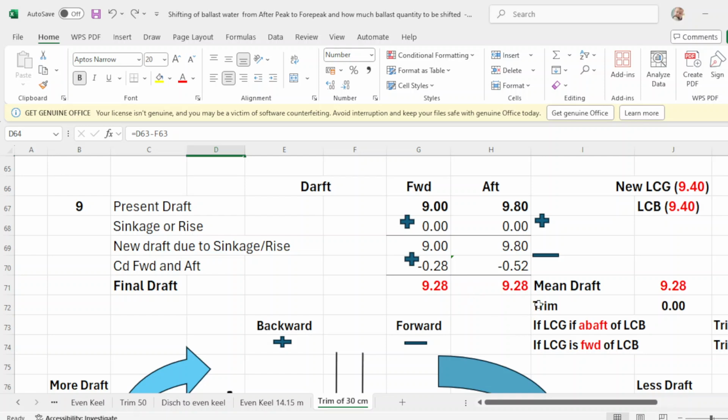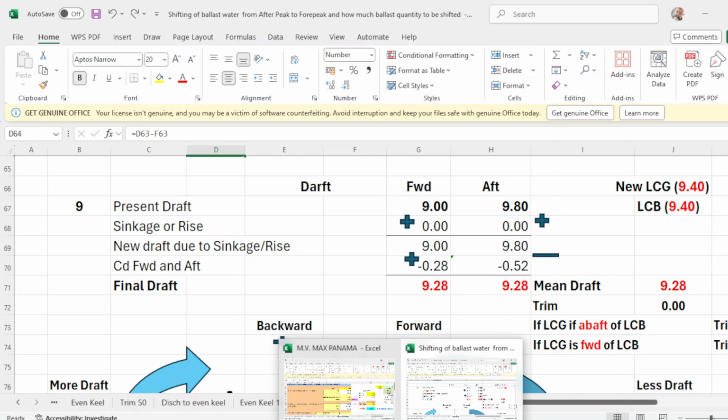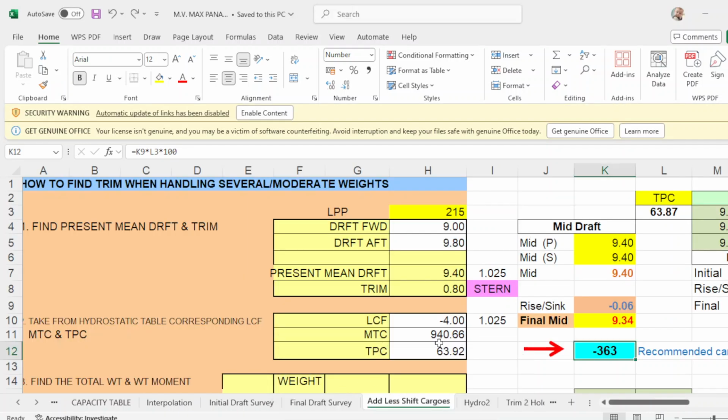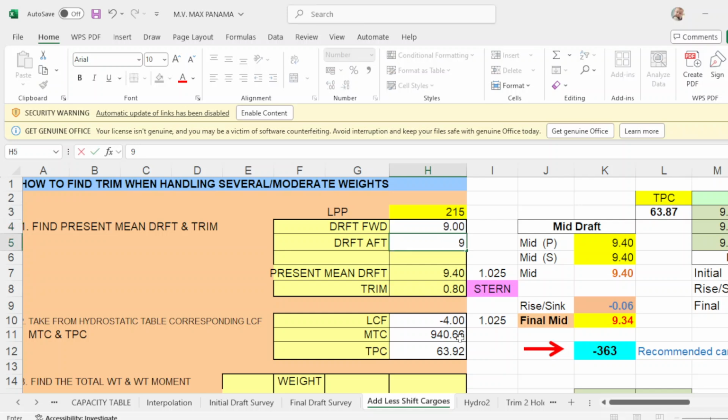Then we use the program. This one. So you put here your initial forward drop is 9 meters, aft drop is 9.8. Okay, and your main drop will be 9.40, and your LCF and MTC is the same as your initial that we have in the Excel form.